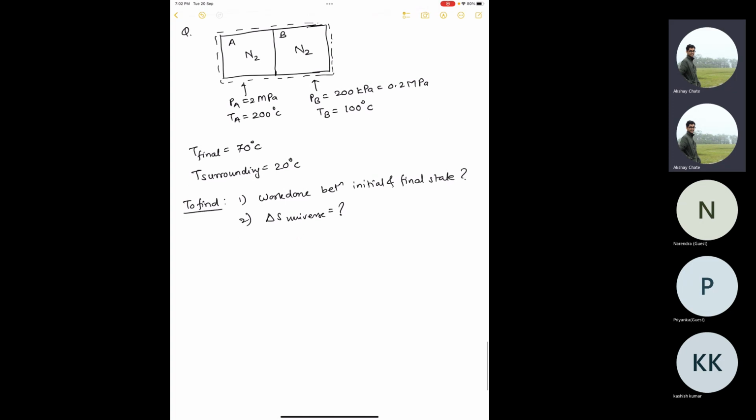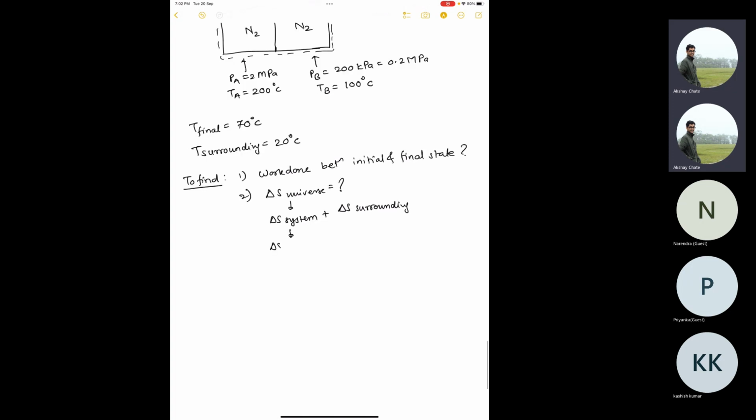Second part is interesting. For the second part, you can write it as delta S of system plus delta S of surroundings. Delta S of system is delta S of A plus delta S of B, correct?